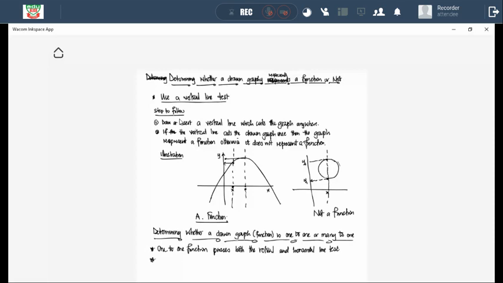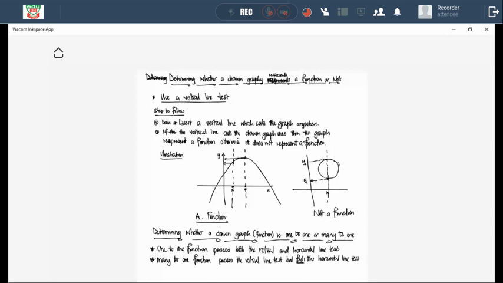And a many-to-one function passes the vertical line test, but fails, underline the word fails, the horizontal line test.